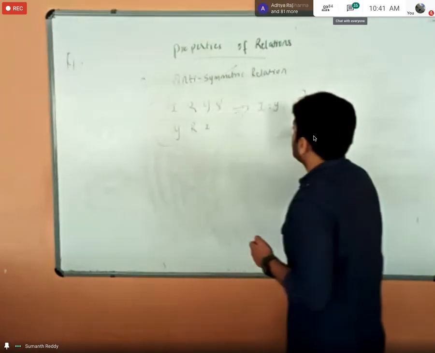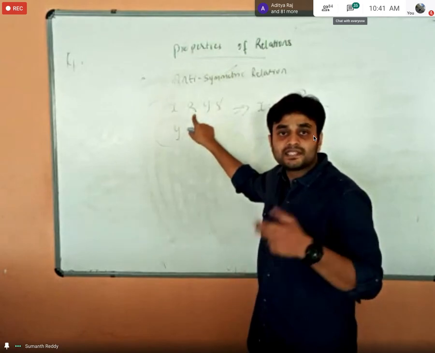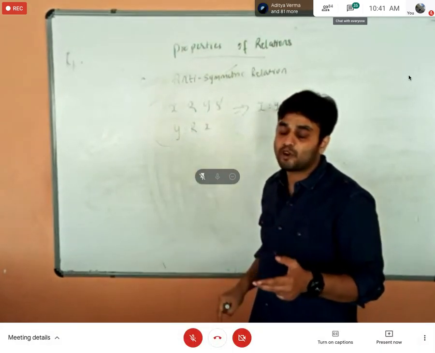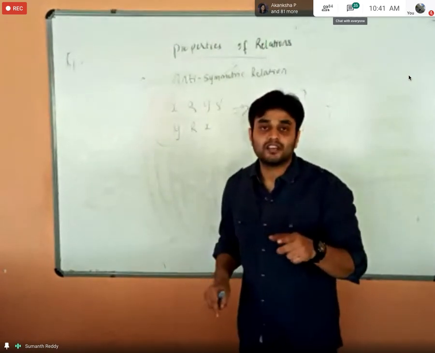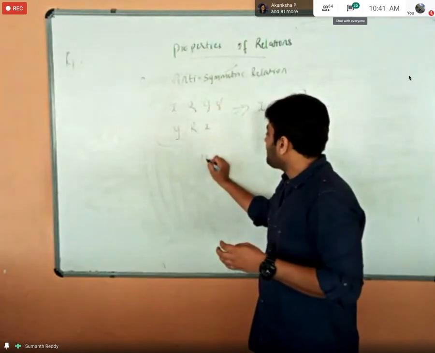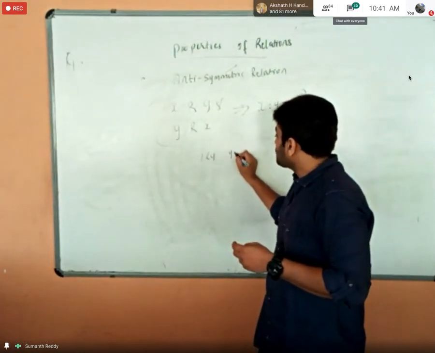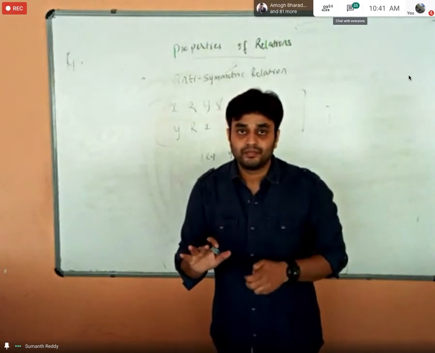If any relation holds this property, such a relation is called anti-symmetric. Don't get confused between symmetric and anti-symmetric. The symmetric property tells that if I have x related to y, then I should also have y related to x, but it does not mean x and y are the same.